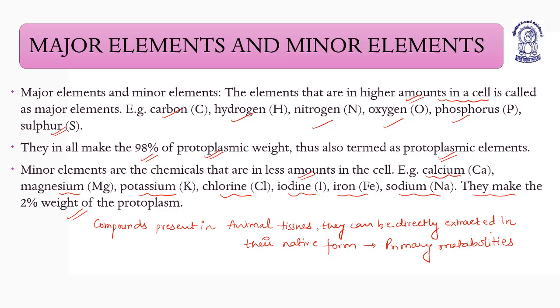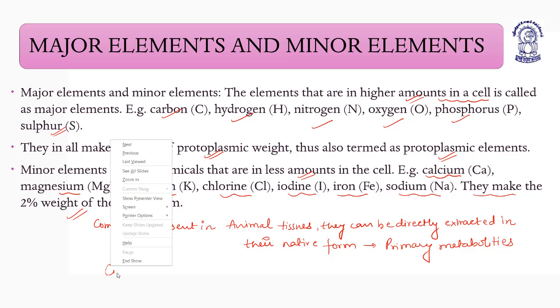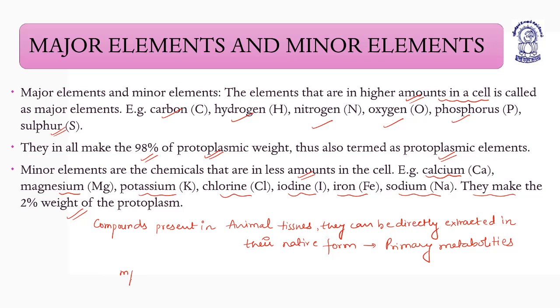Compounds generally present in plant tissues are secondary metabolites.